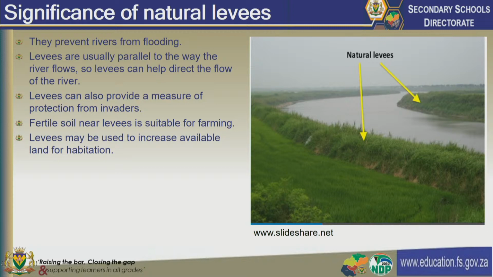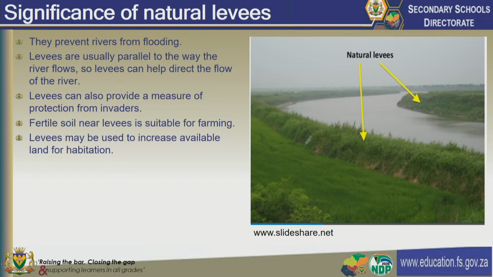They prevent rivers from flooding, because after a long time, if the river banks have been raised, water will not be able to overspill. So we won't have experienced a lot of flooding in this area. Levees are usually parallel to the way the river flows. So levees can help direct the flow of water in the river, or the flow of the river.